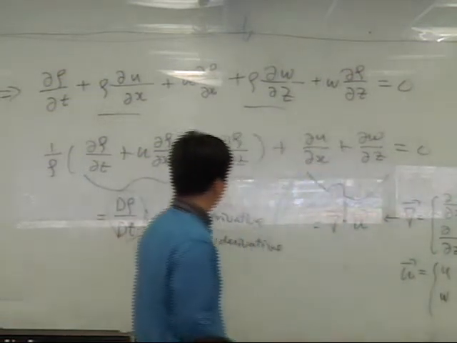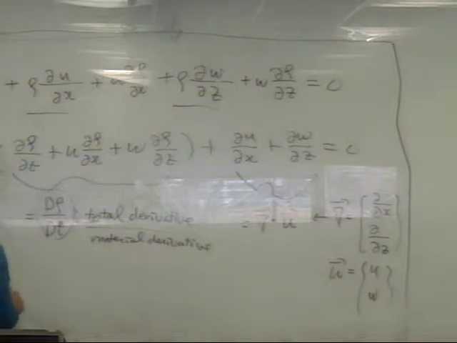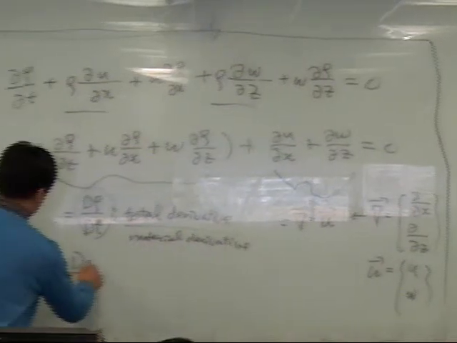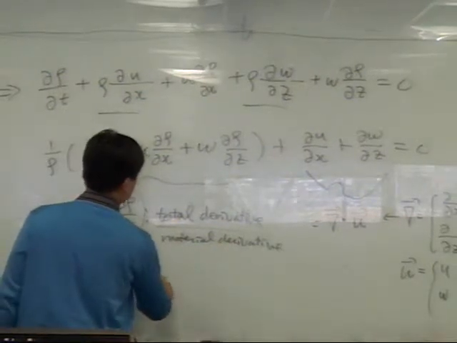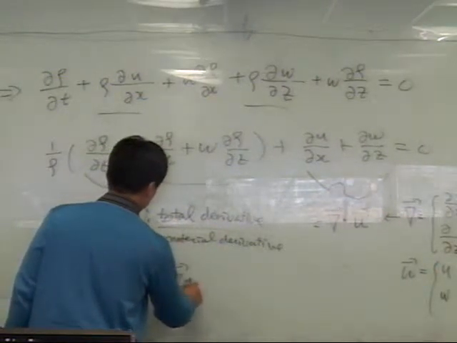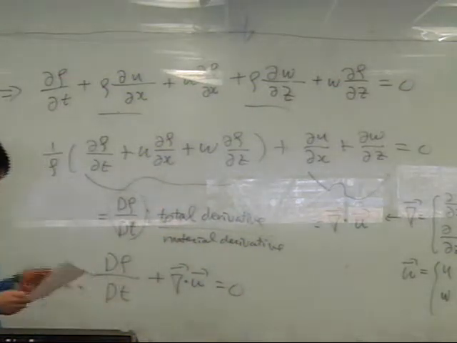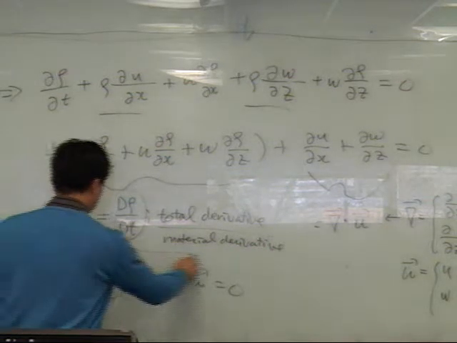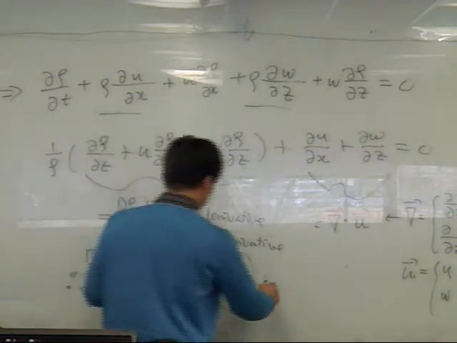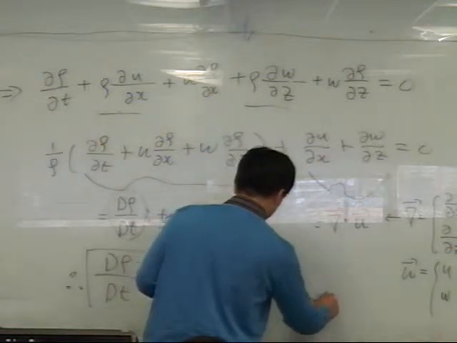Okay, then our equation becomes much simpler: d rho dt plus rho nabla dot u equals 0. This is the equation of mass conservation, or the continuity equation. Continuity equation.